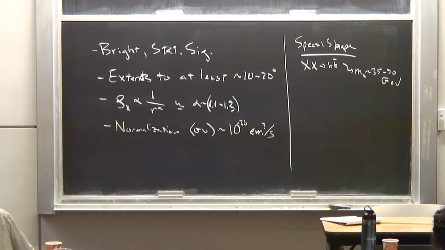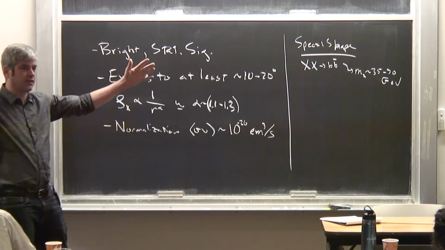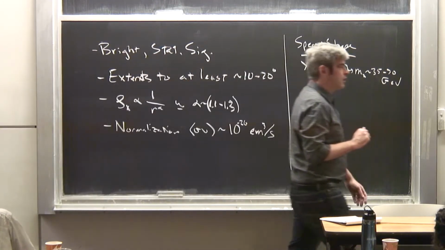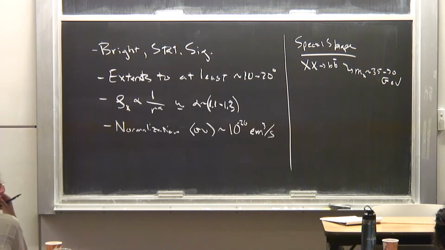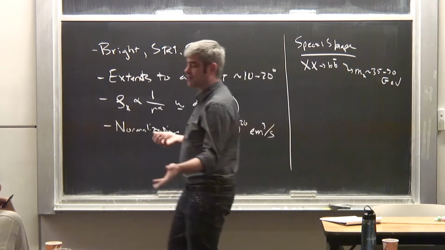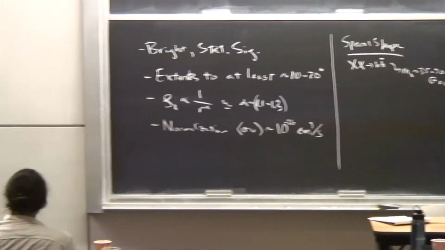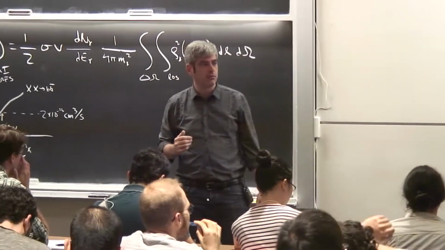This is a pretty big range, and the main reason it's so big is that the details of the spectrum on either the very high or very low end depend on exactly how you treat your templates. These features called the Fermi bubbles really strongly affect the spectrum you get above about 10 GeV, and that impacts your fit. How you treat faint and difficult to resolve point sources can really strongly affect your spectrum below half a GeV. So exactly how you treat this can shift your mass up or down by a non-negligible amount.